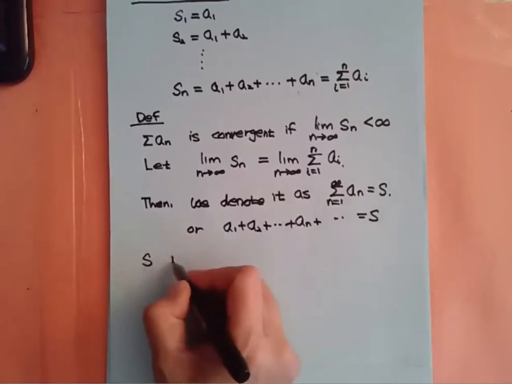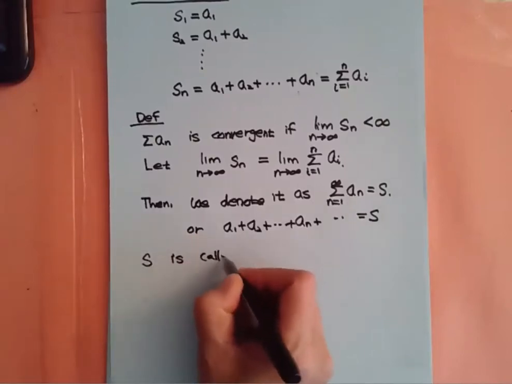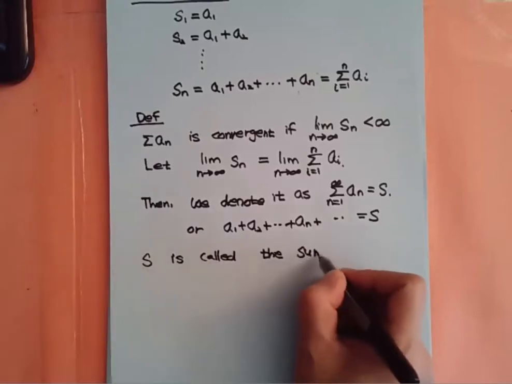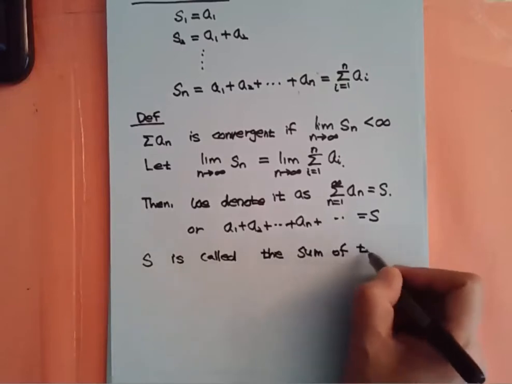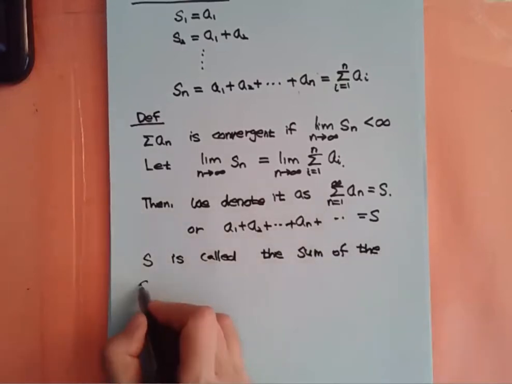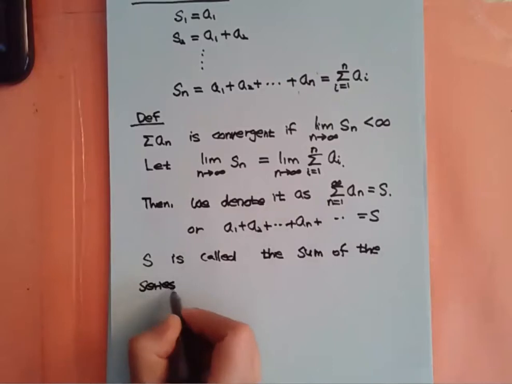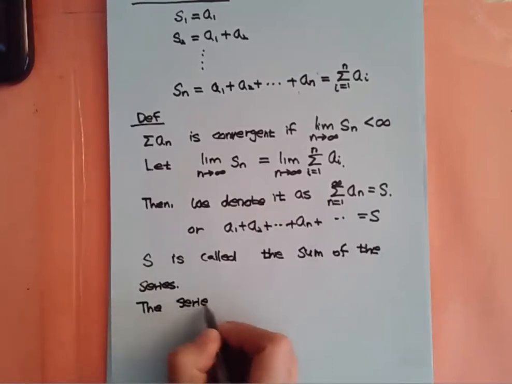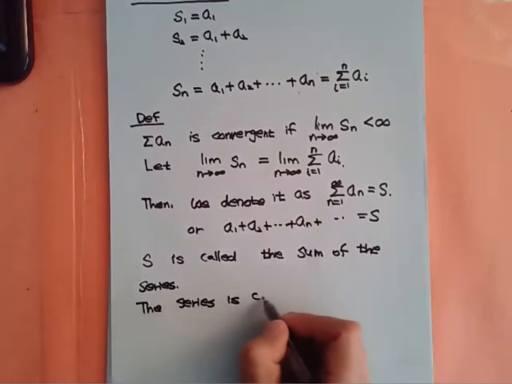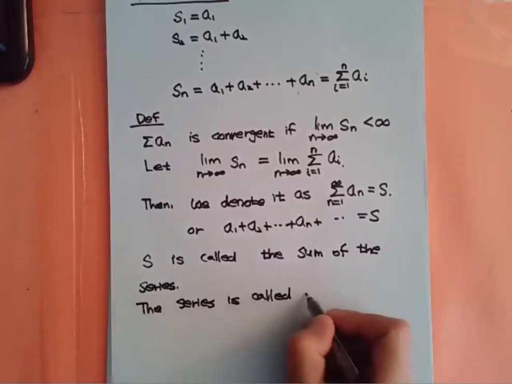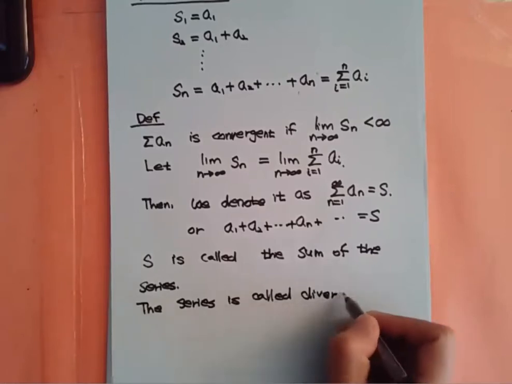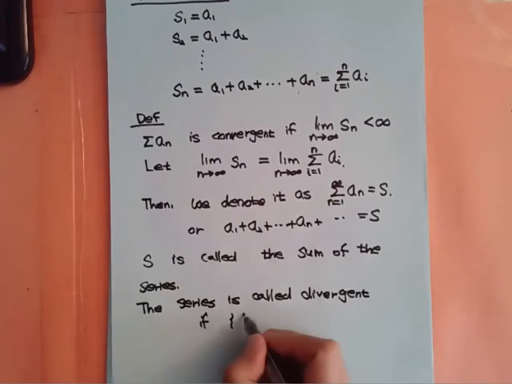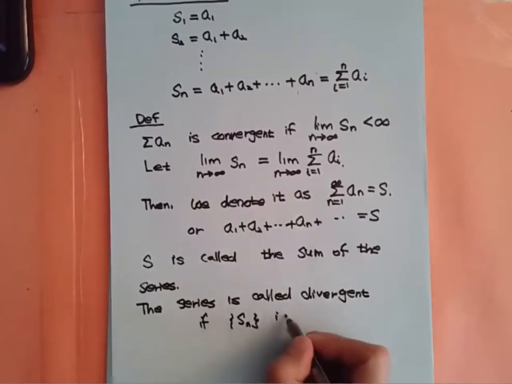And s is called the sum of the series. And the series is called divergent if the partial sum Sn is divergent.